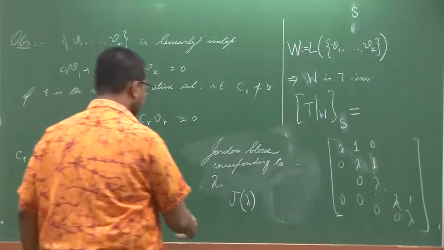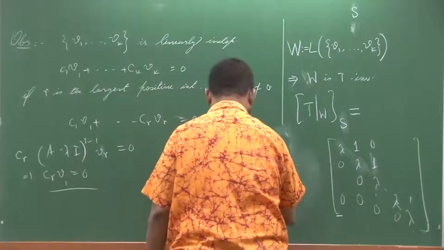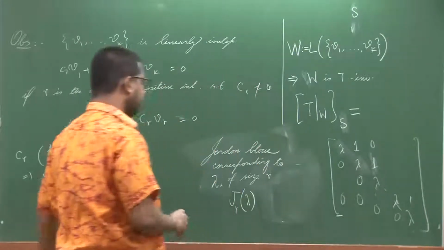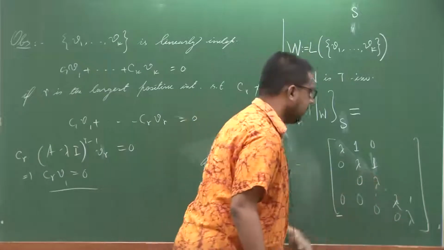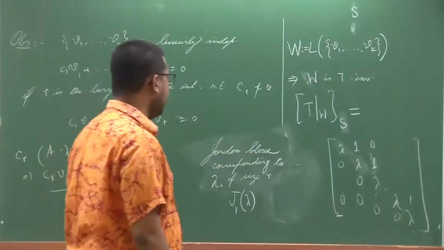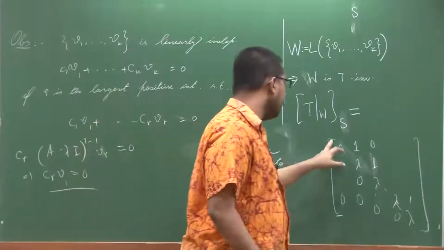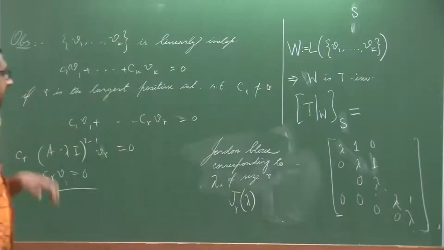Usually, for size r, we write J_r. So J_r lambda is an r by r matrix such that this happens. In particular, when r is 1, we will have only the scalar matrix lambda. When r is 2, it will be lambda, lambda, 1 and here 0.